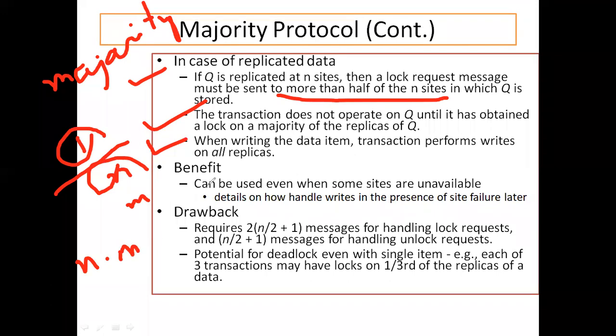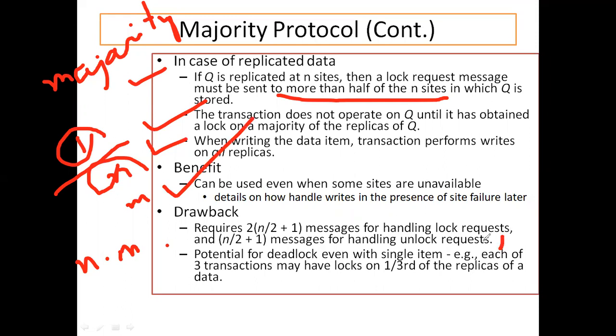So this protocol can be used even when some sites are unavailable. Now, what will be the drawback? The drawback is that it requires 2 into n by 2 plus 1 messages for handling lock requests and n by 2 plus 1 messages for handling unlock requests.